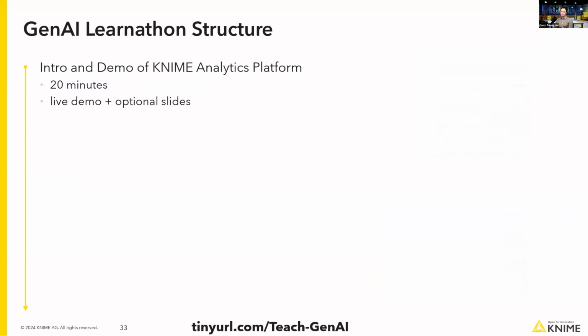So you want to give an introduction. What is KNIME? What is a node? What are workflows? And usually we do a live demo, not many slides. You just jump into the software and show it to your crowd and show what KNIME is for. This takes around 20 minutes, and you can also have optional slides to be a bit more precise on the important topics.